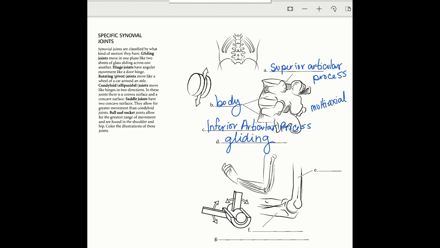If you recall when we went over bones, each articular process has a smooth region that we refer to as a facet. These facets are going to slide against one another, and that allows for range of motion in our vertebral column.